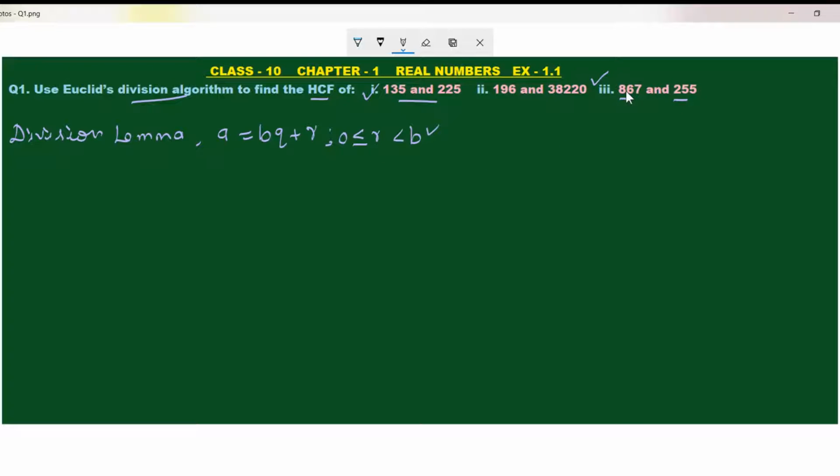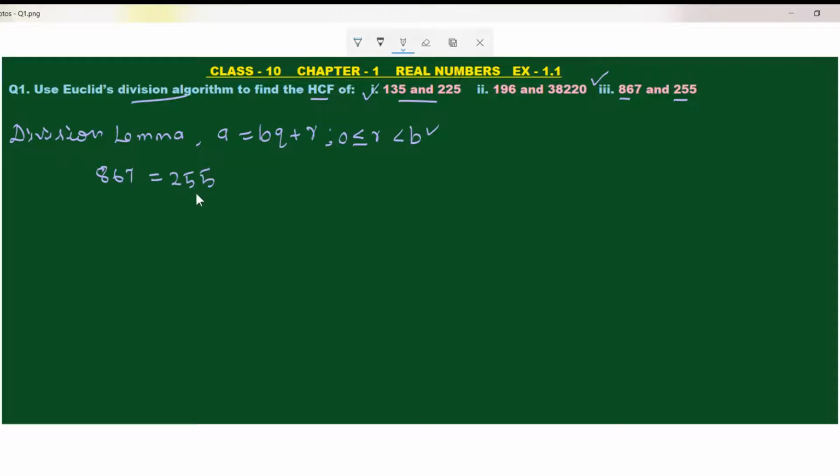Here you can see they have given two numbers. We need to find the HCF of these two numbers. For that, first step is you need to divide the greater number by the smaller number. So you can write like this: 867 = 255.